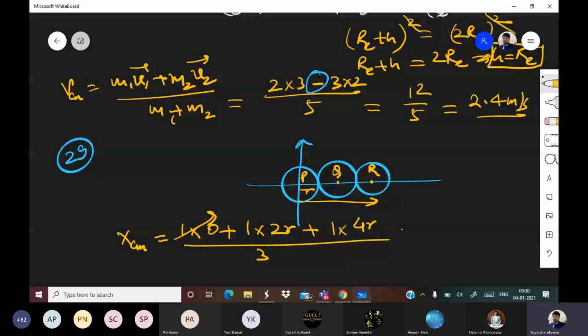So this is anyway 0. 4r plus 2r becomes 6r upon 3, and that comes out to be 2r. 2r means the center of mass is at point Q. Or if you want to write it differently, 2r is nothing but PQ and 4r is nothing but PR.